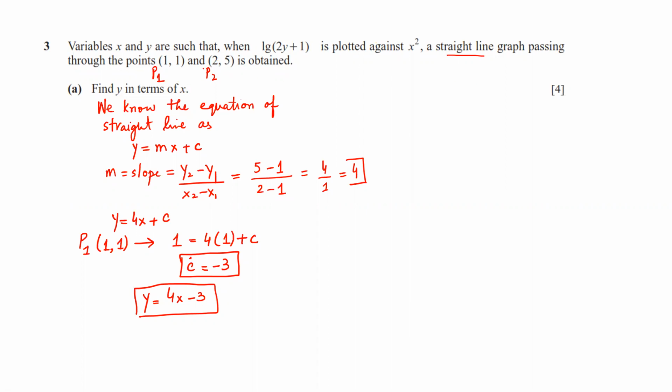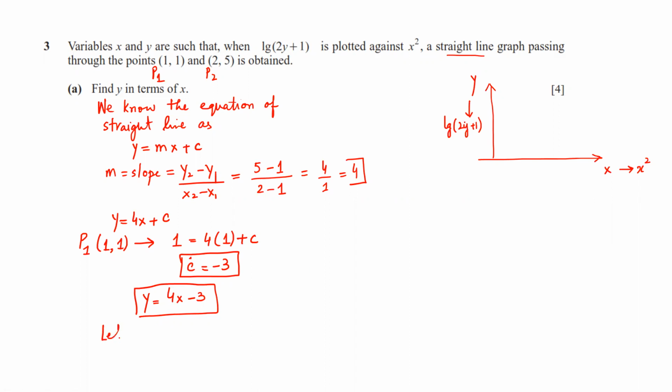Now it is saying that variables x and y, say for example this is x, this is y, are plotted such that x corresponds to x square and y corresponds to log of 2y plus 1. What does it change to?